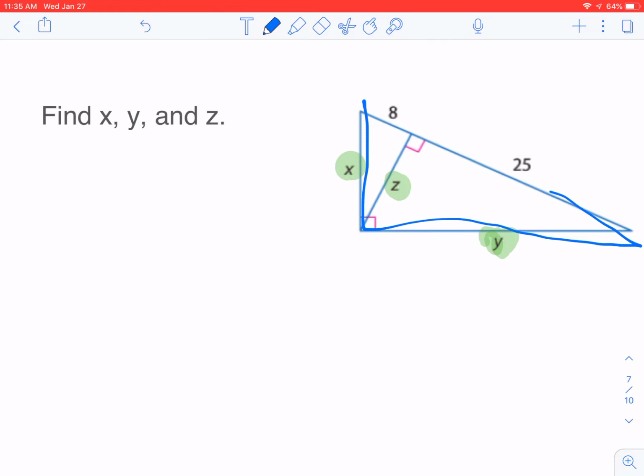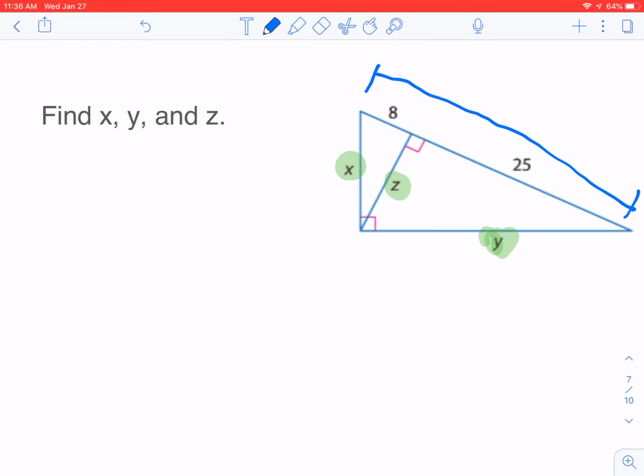Here's my big triangle, here's my tiny triangle, and here's my medium triangle. They are 3 right triangles. If I have 3 right triangles, I can use the ratios between all their sides with the geometric mean and find the answer. Before I do that, I need to always find this length right here, which is 33.